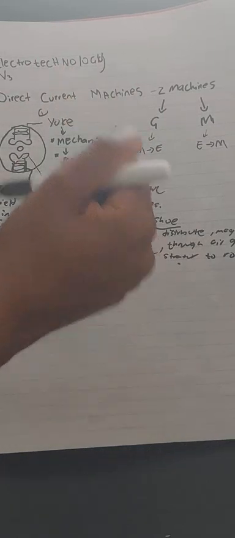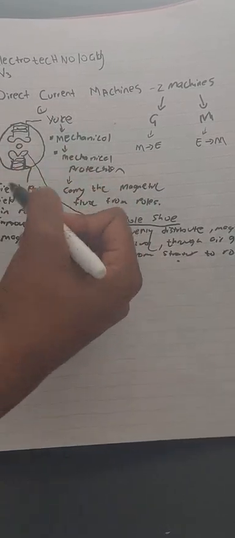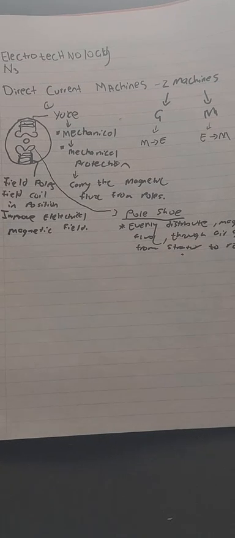In this simple form of direct current machine, the circle, the yoke, is the stator, it is stationary, and inside we have this circle which represents the armature assembly, which is the rotor. The part that moves we call the rotor, and the part that is stationary we call the stator.